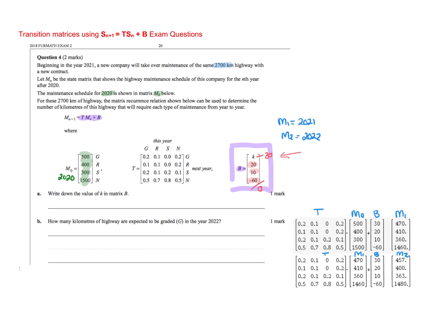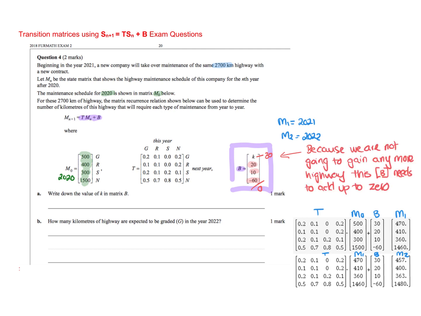Because we are not going to gain any more highway, because they're only doing maintenance on that particular bit, even though they want to add this matrix, all it's doing is juggling things around where the numbers are. They're taking it away but giving it to the other bits. So that needs to be 0. So we've answered that first question. Write down the value of K. So we knew K was 30.